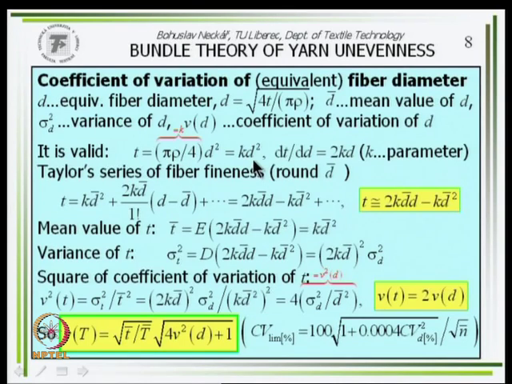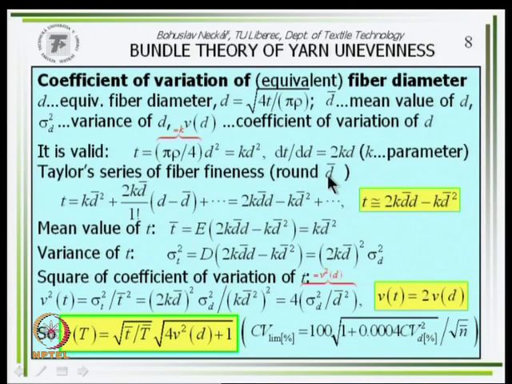T is k times D square. Make a derivative of this equation so that we obtain dT by dD is 2kD. And using the Taylor series of fiber fineness around D bar, you know what a Taylor series is? I think yes, you heard it at minimum.